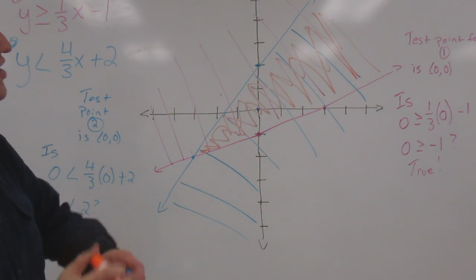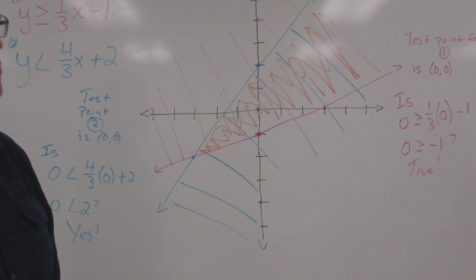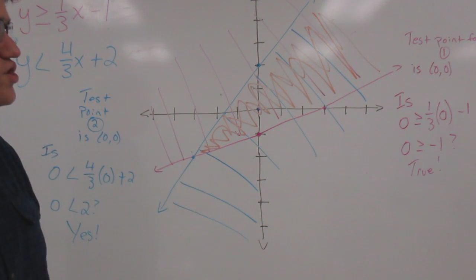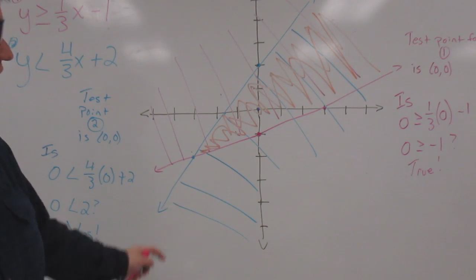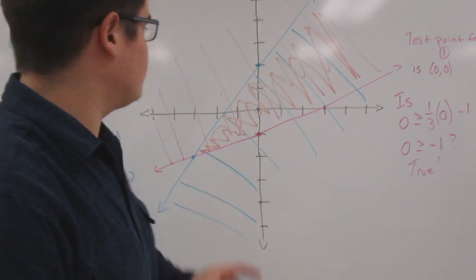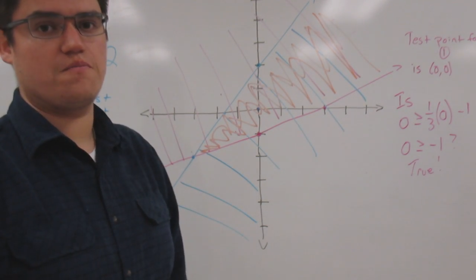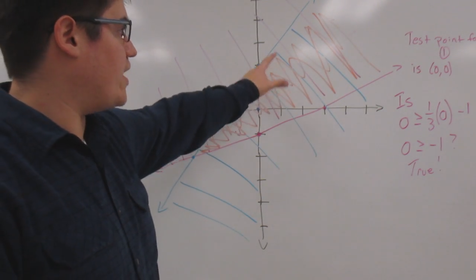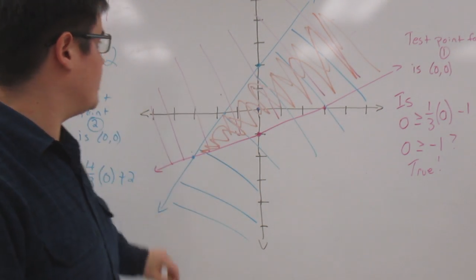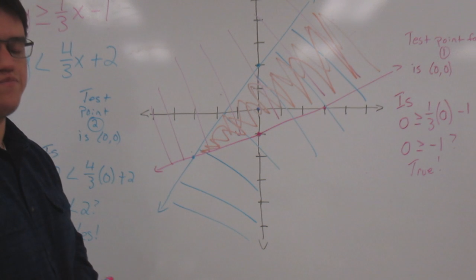The 2 shadings overlapped, so that's going to be our answer. So the stuff in the orange is what we're actually looking for. That's the solution set to this system of inequalities. And you can take any ordered pair that's inside of this orange, and it will work for both of them.